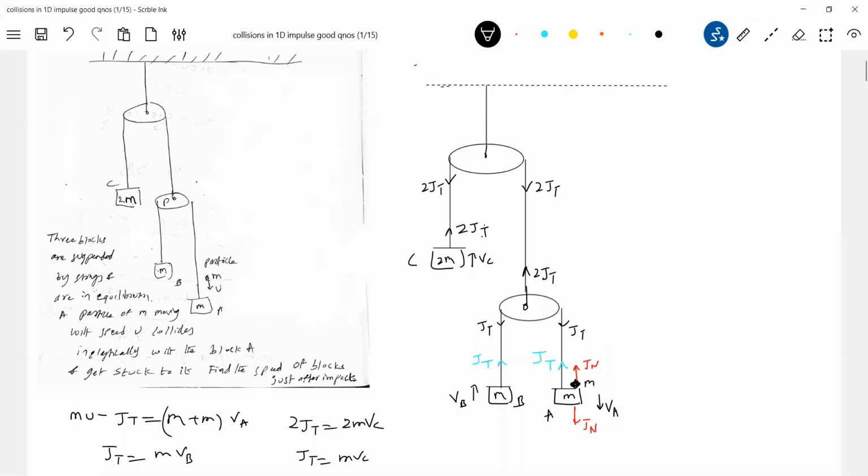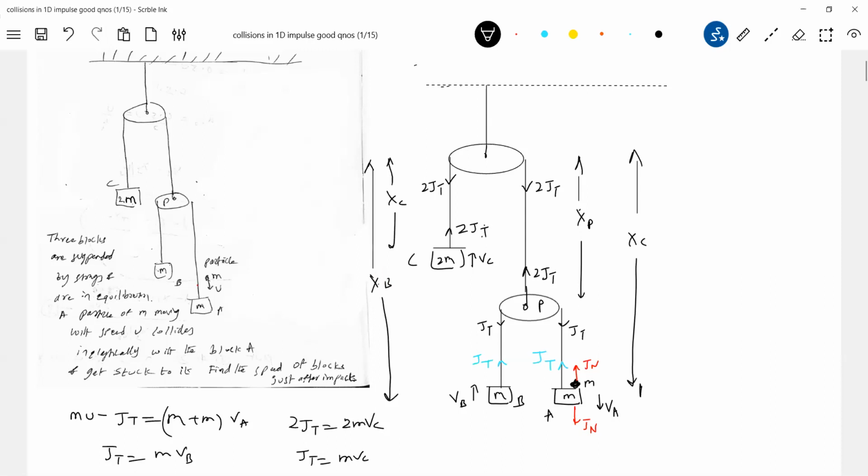What is the one more equation? I'll take help of the constraint equation. Let P be the pulley, and let this distance be XP, and let these be XB and XC.